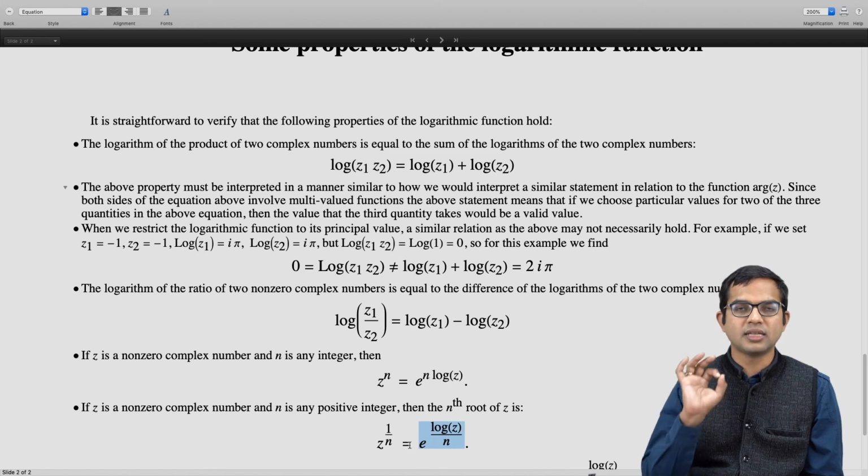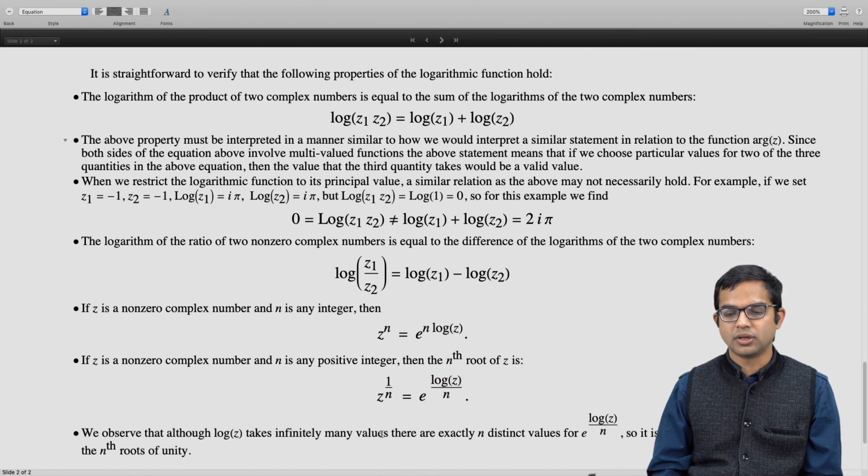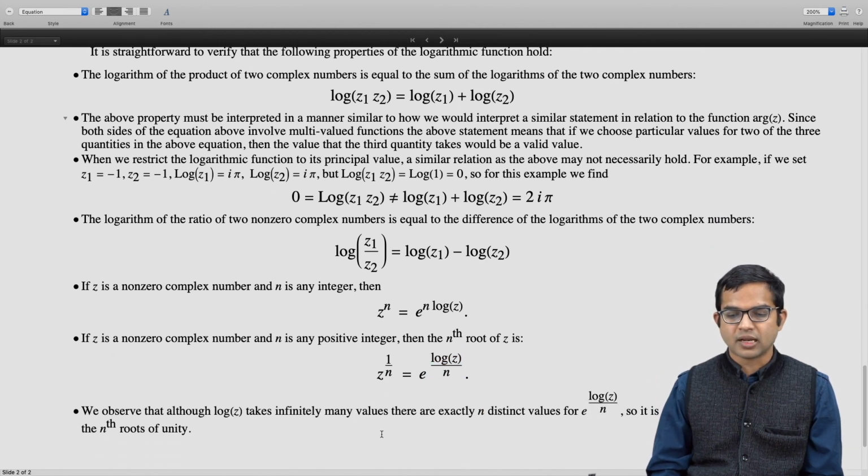So there are exactly n distinct values for this function, and that is also reflected in the right hand side. So although log z itself can give you infinitely many different values, the nth roots of a complex number are exactly n.